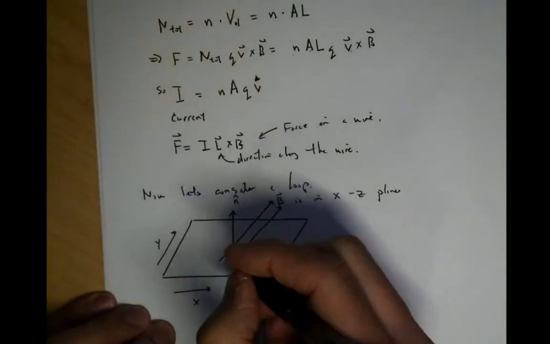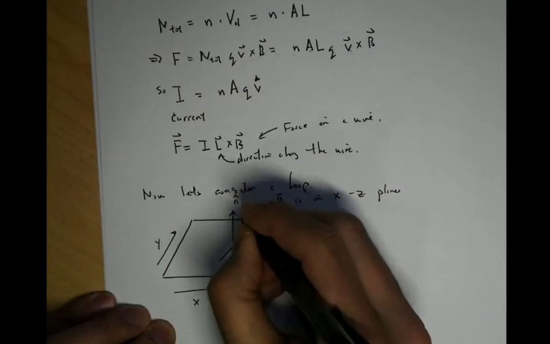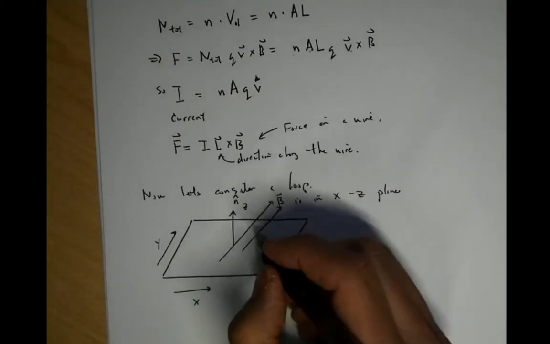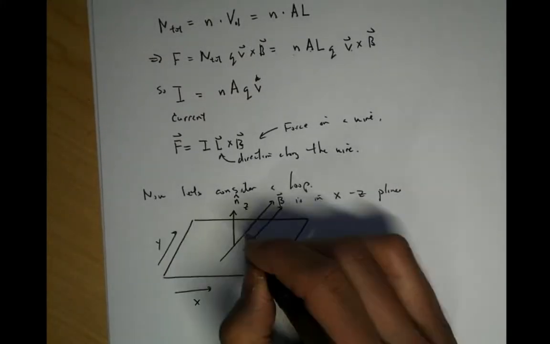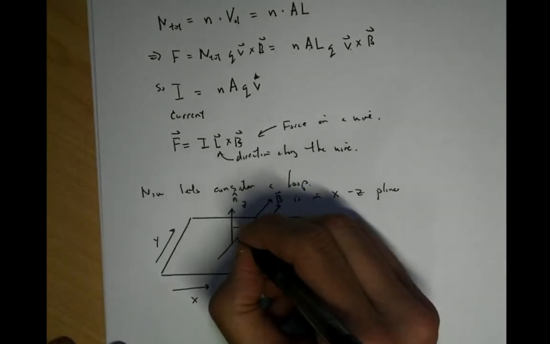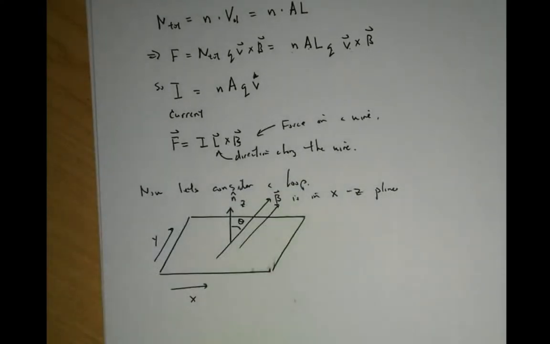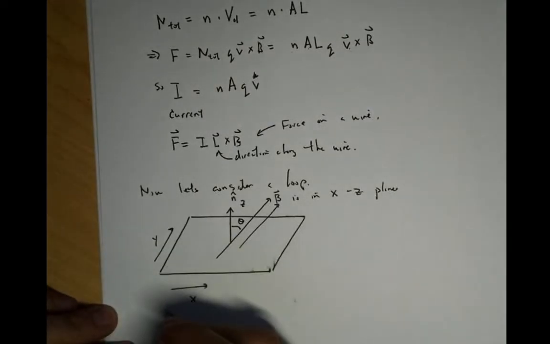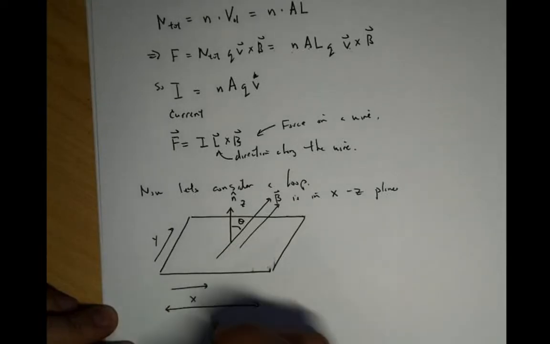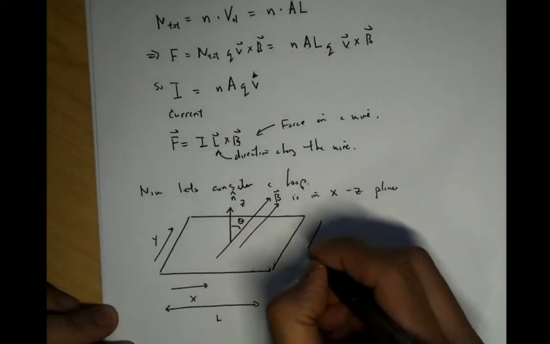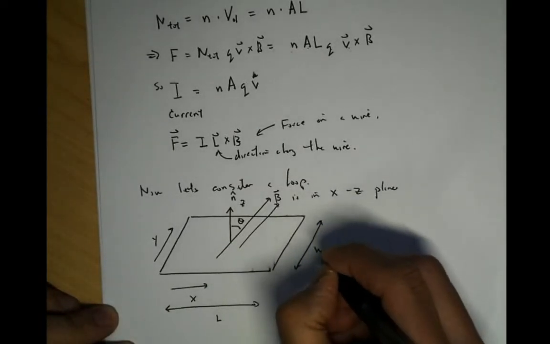It's actually fine. And n hat is along the Z hat direction. And there's going to be an angle between these two of theta. What I want to consider is what the forces are doing on this particular loop. This one has a certain length in this direction, L, and a certain width along Y of W.